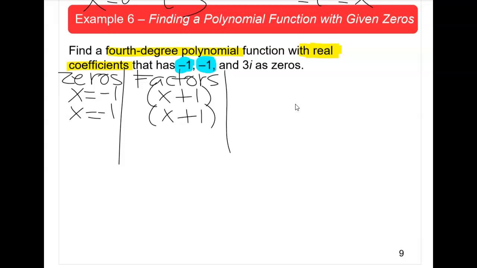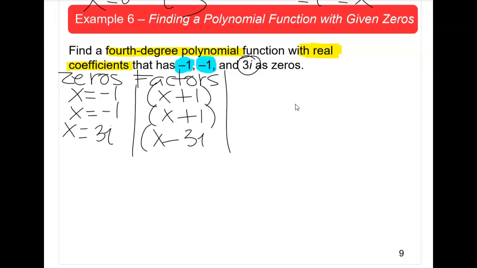And if we have this zero here, which is imaginary, it's positive 3i, the factor that comes from it will be x minus 3i. And by the complex conjugate fact about zeros, we also have -3i.